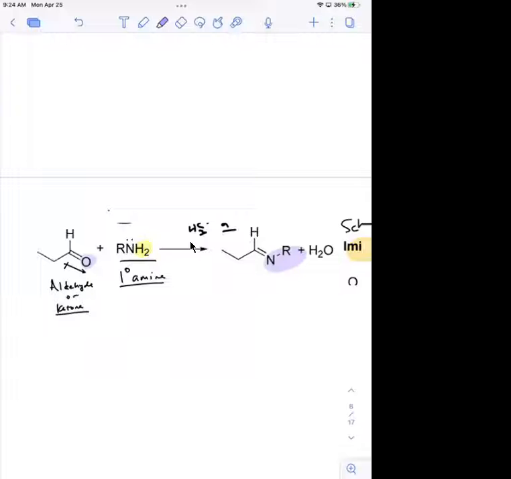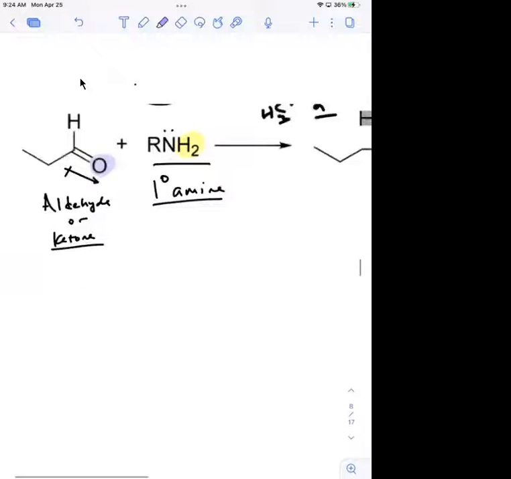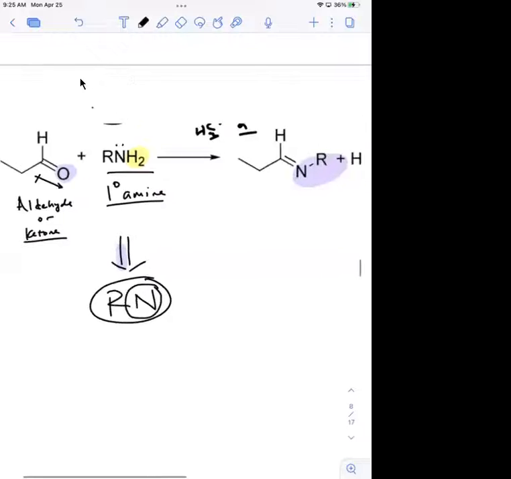If I have a primary amine, think about me adding this, whatever the R group is on the nitrogen, and the nitrogen itself. And I'm going to basically pluck off the carbonyl oxygen, which doesn't happen like that. You know that. We're going to have to eliminate it some way. But we can remove it and replace it with the nitrogen. You can see that over here. Both hydrogens are gone, right? So when you make the imine, both of those hydrogens are involved in the mechanism.